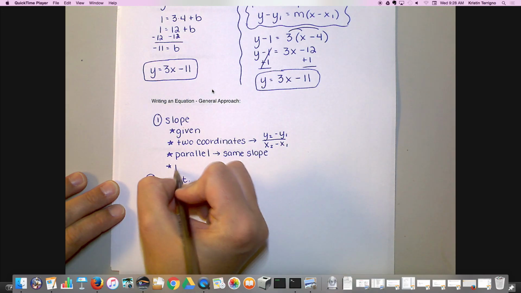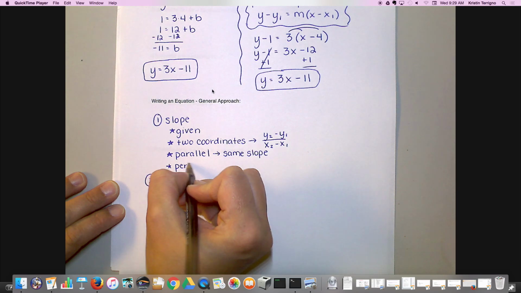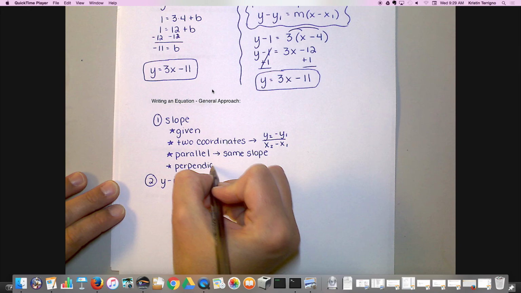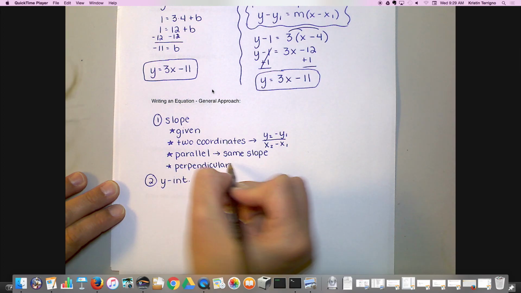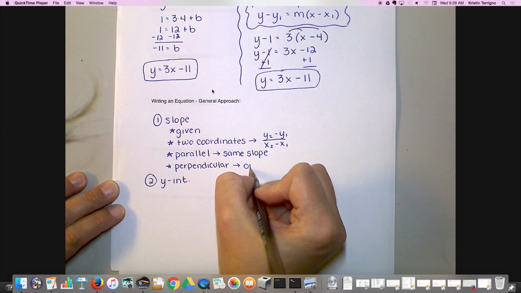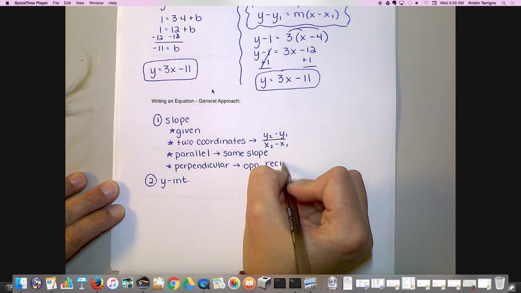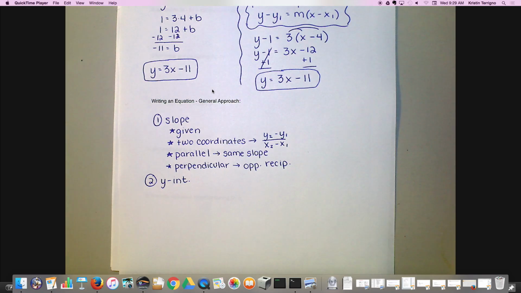If it gives you a perpendicular line, yep. Opposite reciprocal. And I think that's about it. There's some kind of weird ones that we're going to talk about in just a minute, but in general, all of these problems will fall into one of those categories.